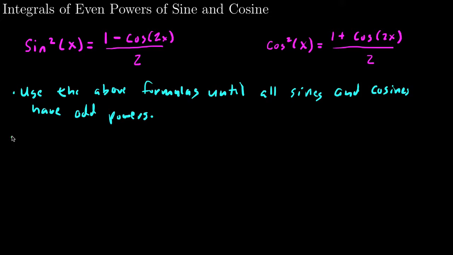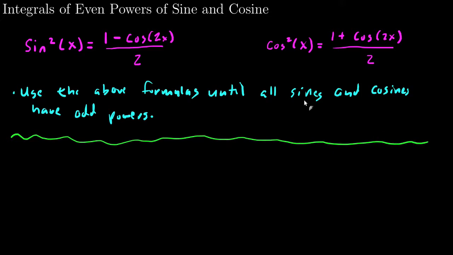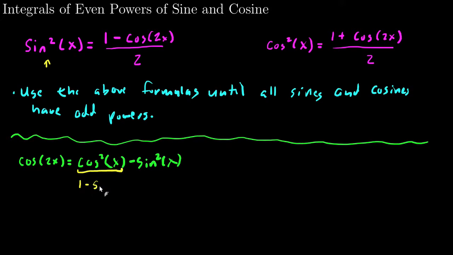So I guess before we go on, why are these true? Well, these are based on the double angle formula for cosine of 2x, which is going to equal cosine squared x minus sine squared x. If I want to solve for sine squared, I'm going to rewrite this cosine squared as 1 minus sine squared x. I have another minus sine squared x.